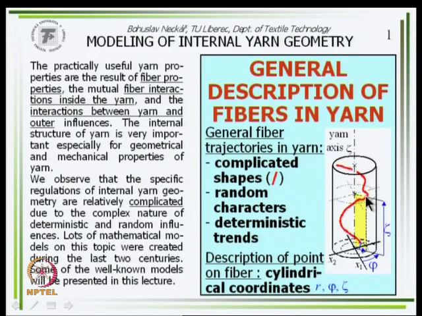Maybe this is some general point on the fiber: r is the radius, phi the angle, and zeta the length. The shape of the fiber in the yarn has a random character as well as a general deterministic trend. You know intuitively that the general trend is similar to a helical trend, isn't it?